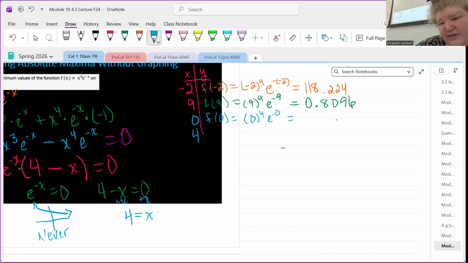So 0 to the 4th is 0. E to the negative 0 is 1. 0 times 1 is still 0. And then f of 4, 4 to the 4th times e to the negative 4th.